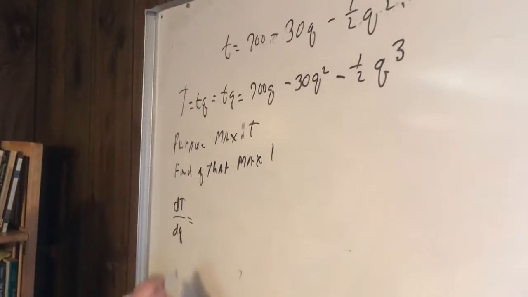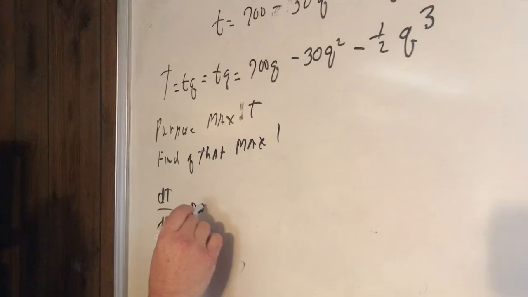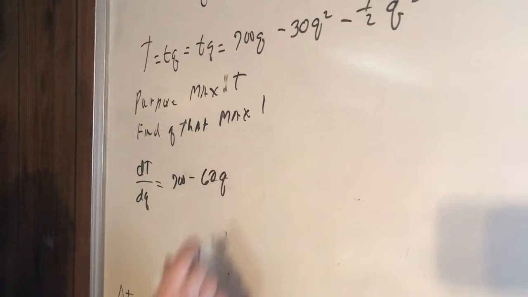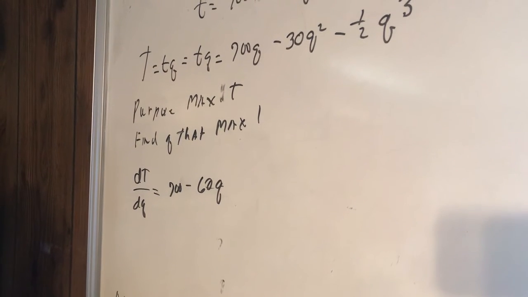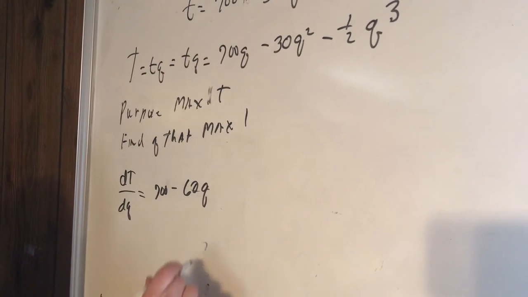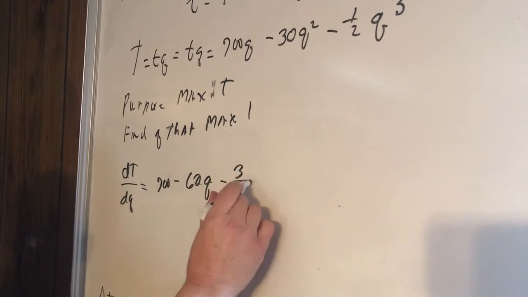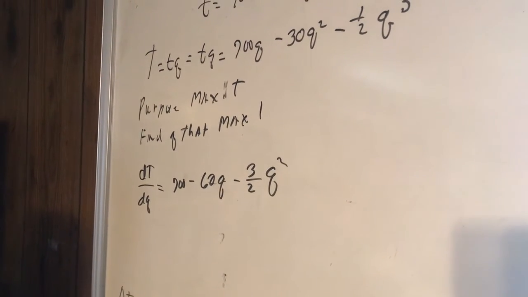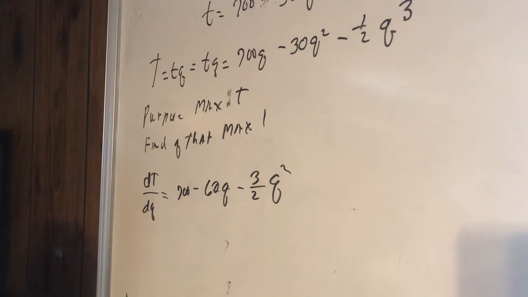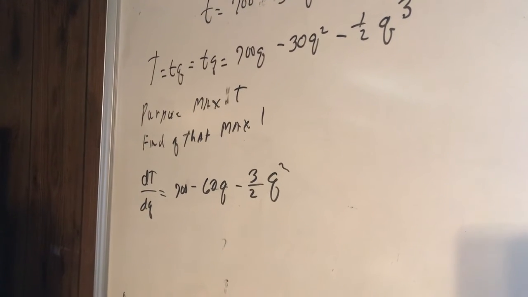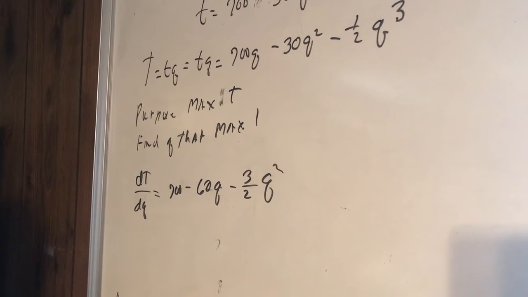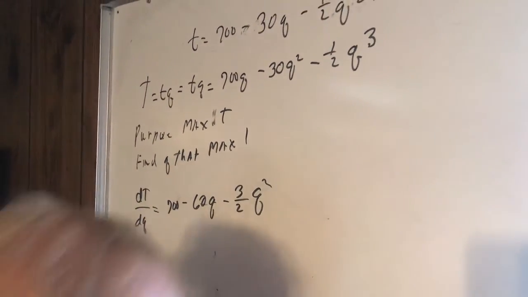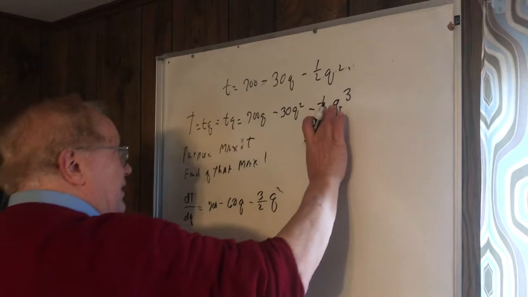And that's going to be 700 minus 60Q minus 3/2 Q squared. Okay, now, to make this a little bit easier, I know this isn't the problem, I'm going to make this a 1/3.